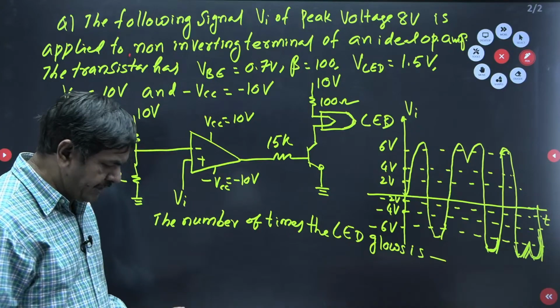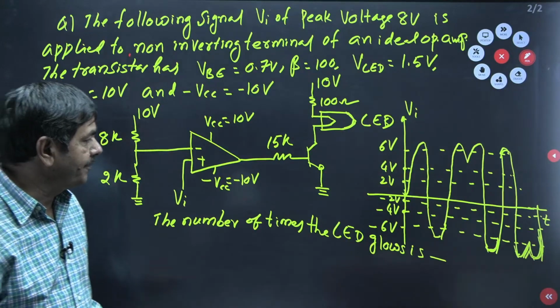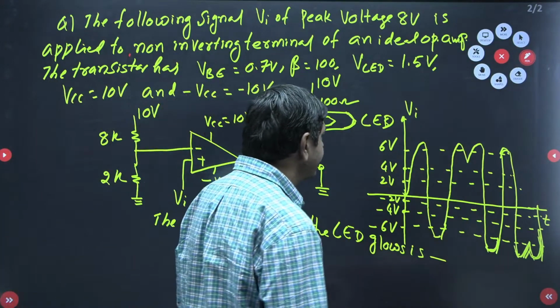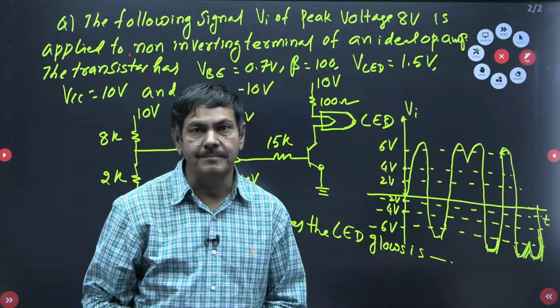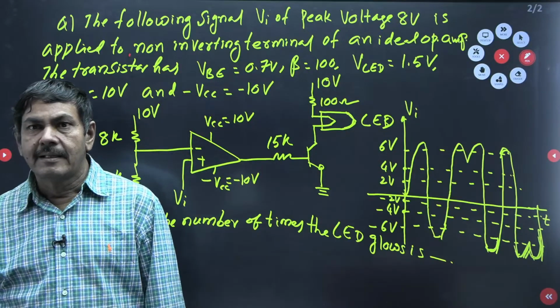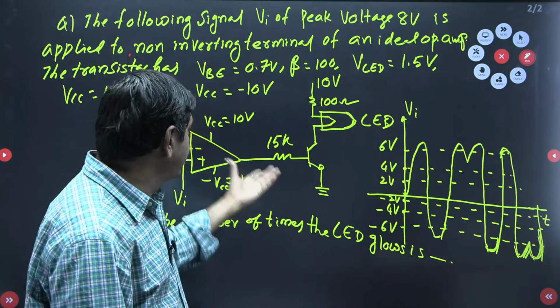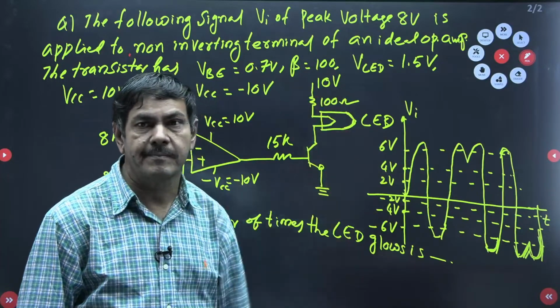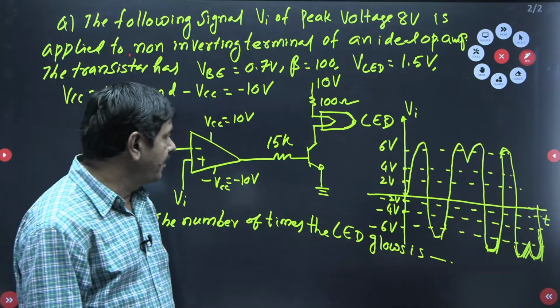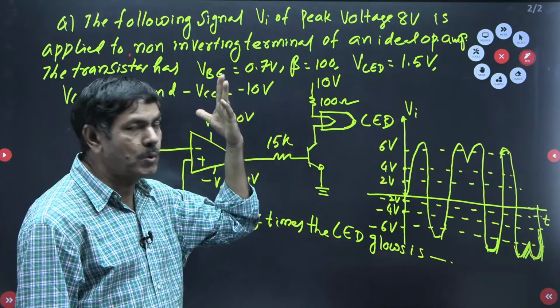Options are also given, but I don't like to give the options here. Can you identify how many times the LED glows because of this waveform? This is the input waveform for this particular circuit. This is VI. If it is given, how many times does the LED glow?